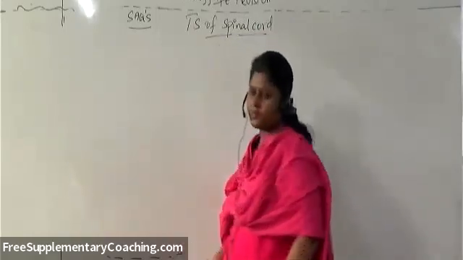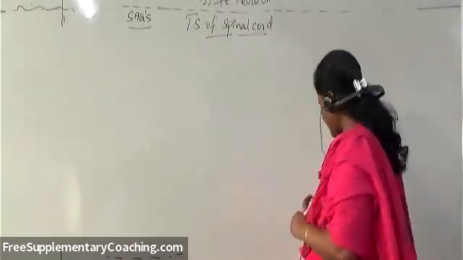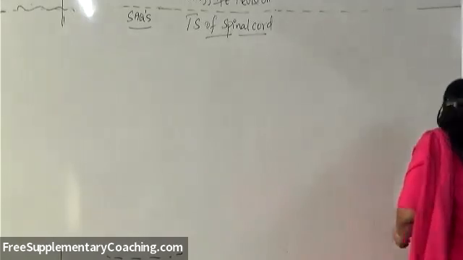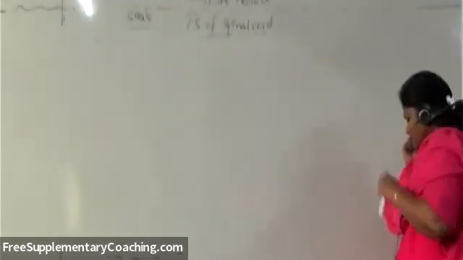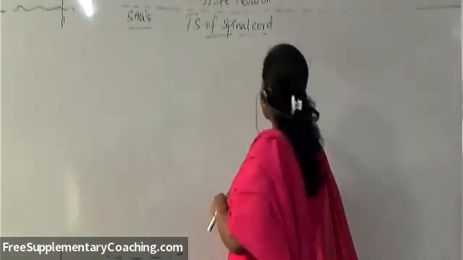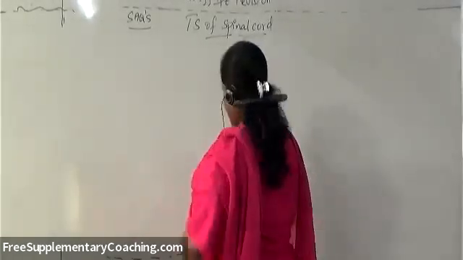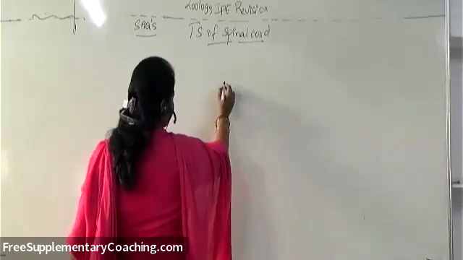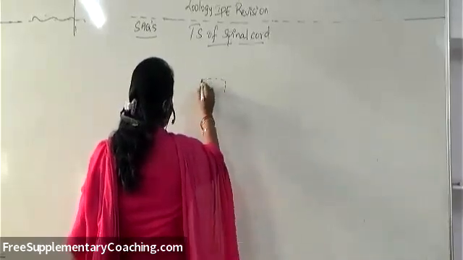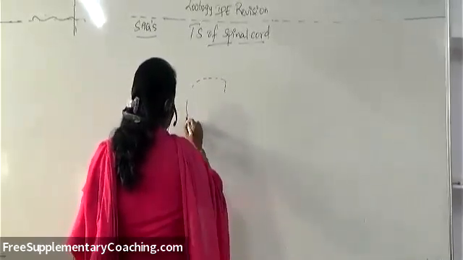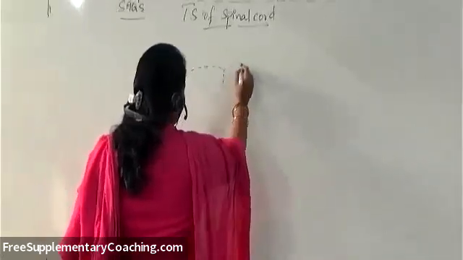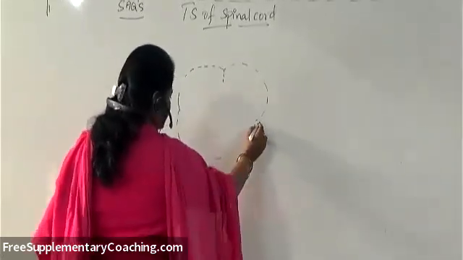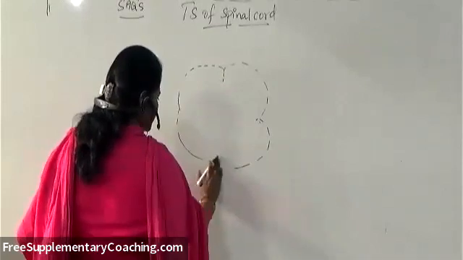How are you supposed to draw this transverse section? You can see step by step. First of all, you need to bring the shape of the particular structure.